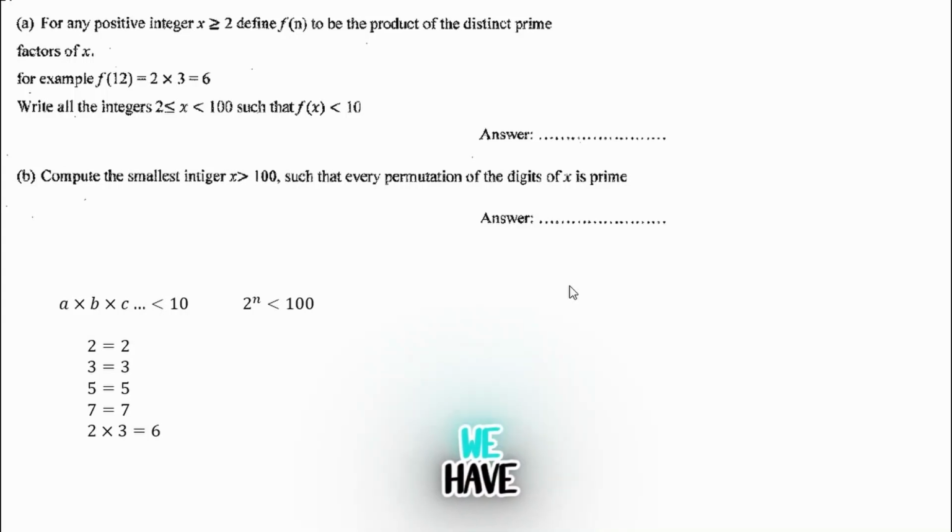We have 2 to the power 6, which is 64. Now let's go to 2 to the power 7, which is 128, which is bigger than the value that we are looking for. So we can stop simplifying 2 to the power n right there. So there are only 6 values for n, which are 1, 2, 3, 4, 5, 6.